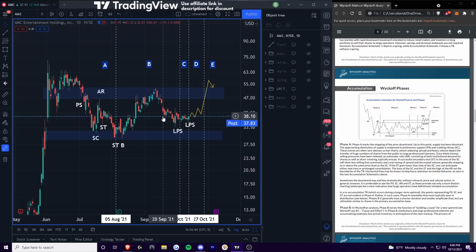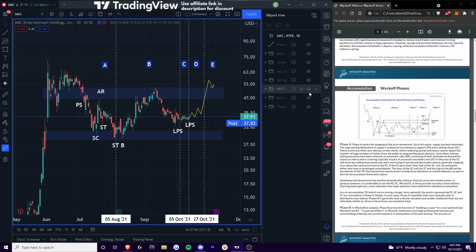But I think it's really interesting to share all of these different ideas and look at charts from a different perspective than I normally do. And to me, it's undeniable that you have accumulation here. So that's pretty much it when it comes to the Wyckoff thing.